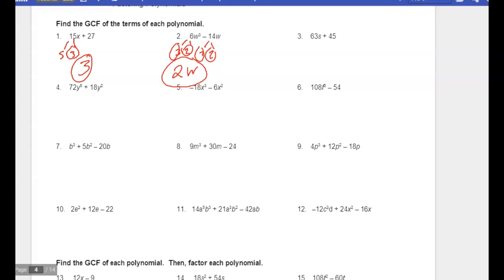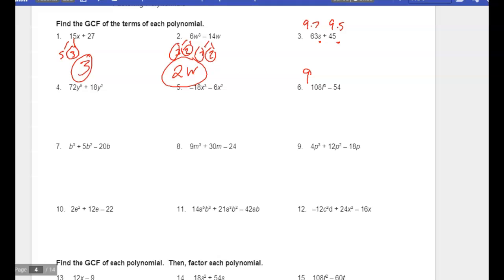You've got to start thinking those factors in your head, or you can do the prime factorization. What's the largest thing they have in common? Well, hopefully you notice that they both share a 9. Because 9 times 7 is 63, and 9 times 5 is 45. So what do they share in common? Well, they can't share an s because there's not an s over here, but they do share a 9.